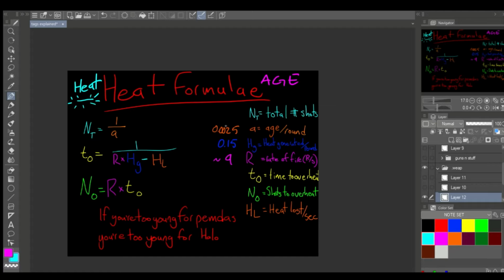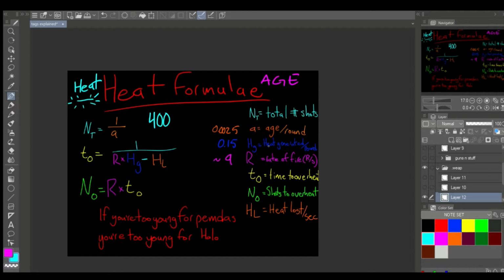So age generated per round is pretty self-explanatory. The total number of shots you can get from a plasma rifle, for example, is 1/A, and so when you punch those numbers in, you get 400.